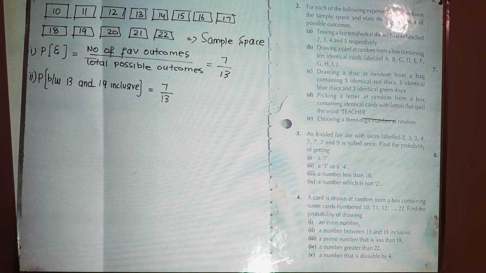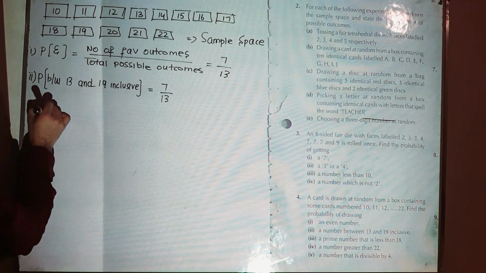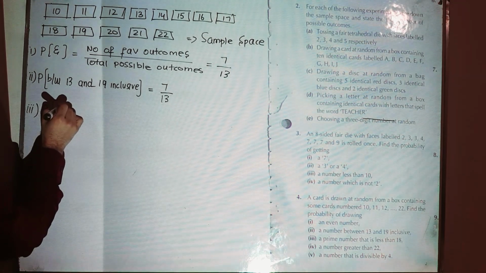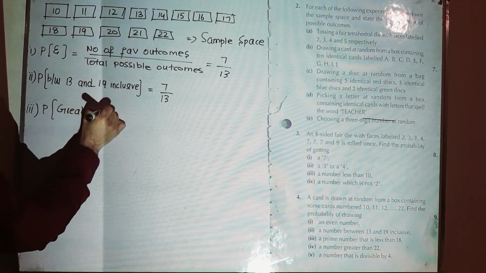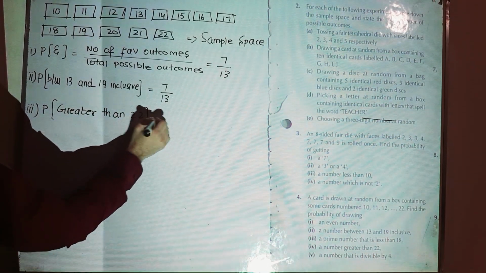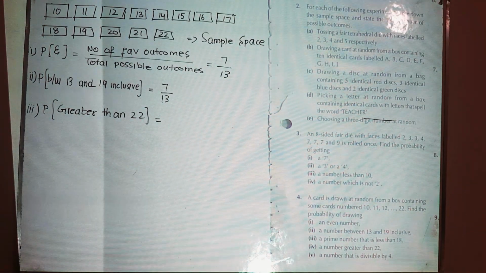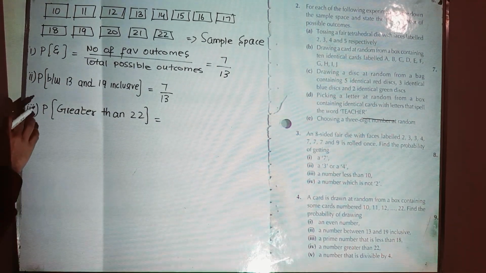Now for part number 3, a number greater than 22. Probability of having a number greater than 22. Okay. Well, that is part number 4. Excuse me for that.